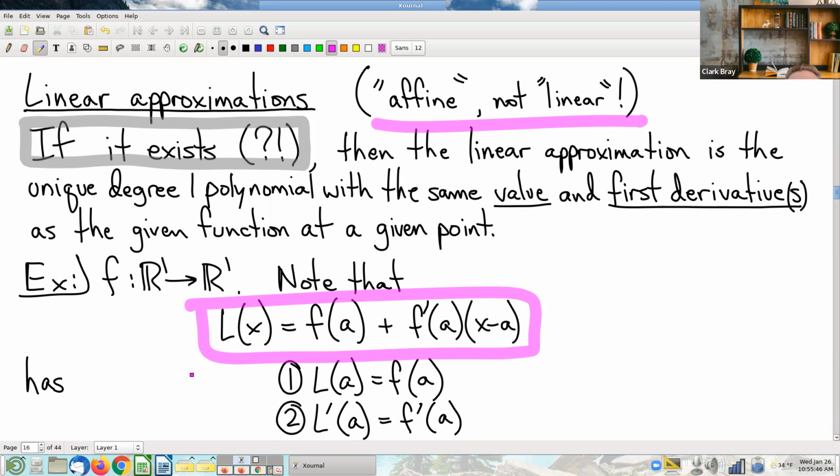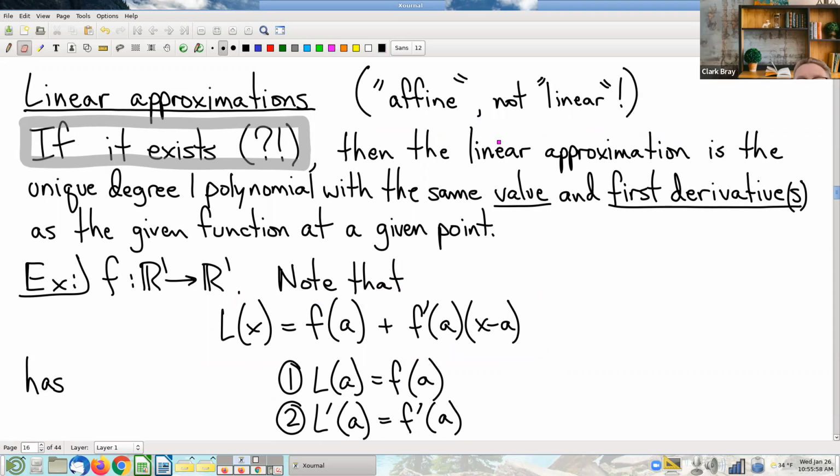This clearly doesn't. Plug in x equals 0, you don't get 0. So the linear approximation is not linear. It's super awkward. It's this other thing called affine. Affine means linear plus a constant, pretty much. But this is not linear.